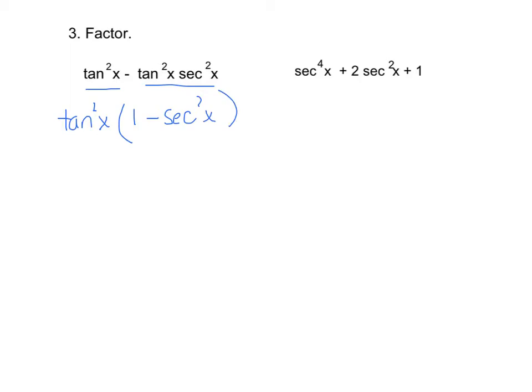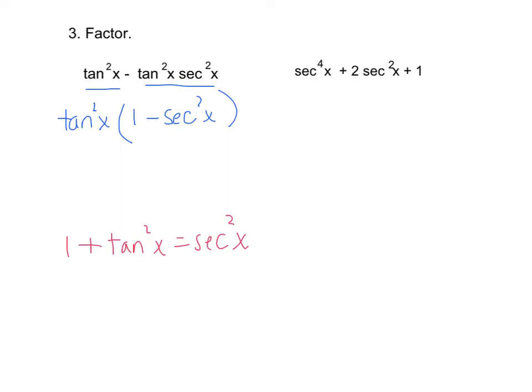Now, if you see a 1 and something squared, it's a Pythagorean identity. And one of the Pythagorean identities is 1 plus tangent squared x is equal to secant squared x. Okay, so that sort of looks like what we have up here, but not quite.